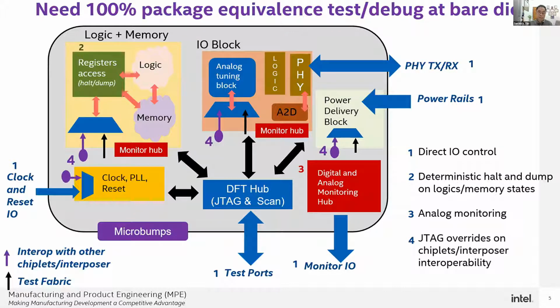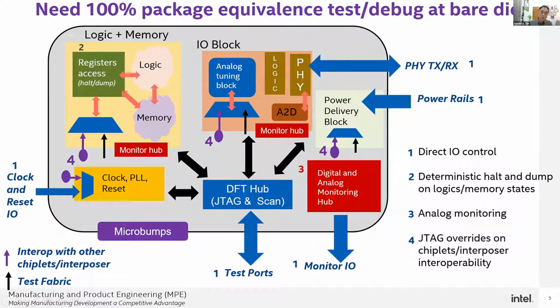You need a direct control so that you can apply it during the wafer test. The second thing is very important: for an IP with a logic and memory block, as part of the debug mechanism, even though we do a structural test or functional test, there will be a need to dump out the state of the registers, be it logic states or memory states.